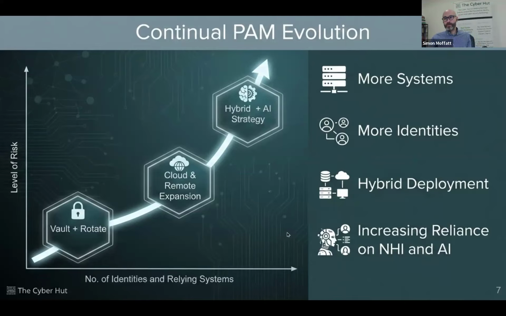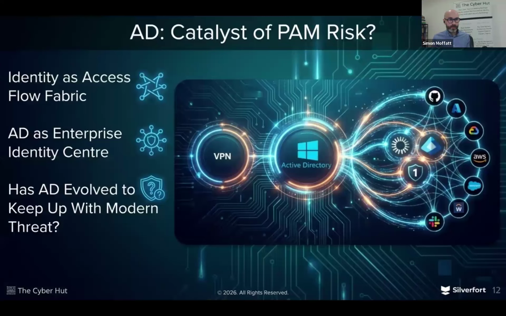I guess if we introduce AD into this conversation, if we are talking about more systems, more levels of risk, AD is really this fulcrum, isn't it? If you look at the spoke and wheel analogy, AD is this thing in the middle, and we've got, I guess, a VPN on the left, but that could be anything really. It could be RADIUS, it could be terminal services, it could be RDP, it could be anything inbound, even a federated aspect there as well.